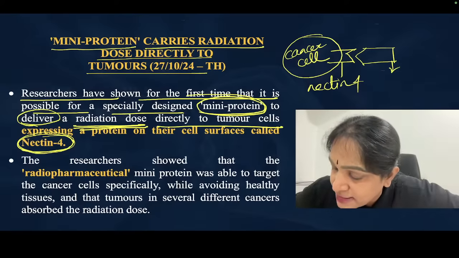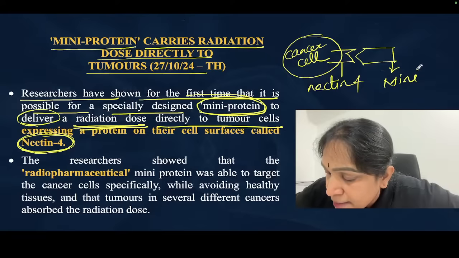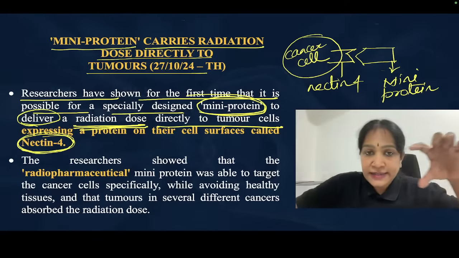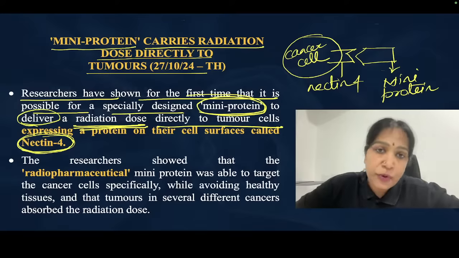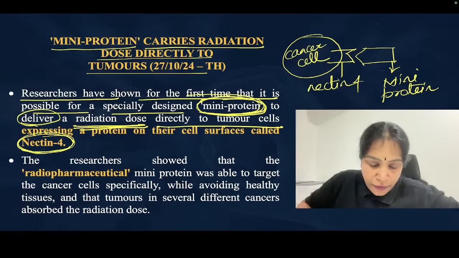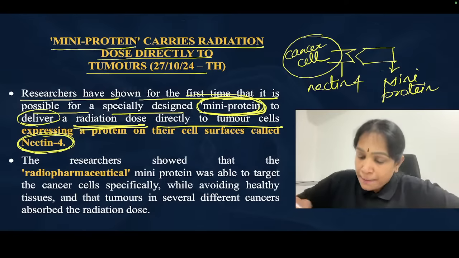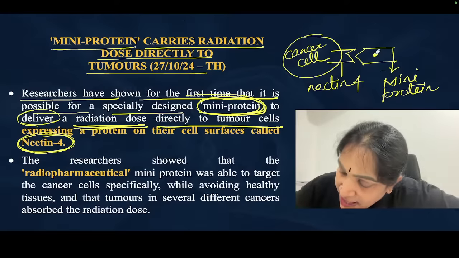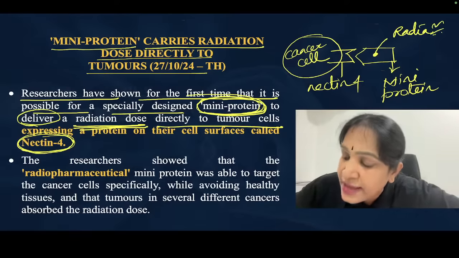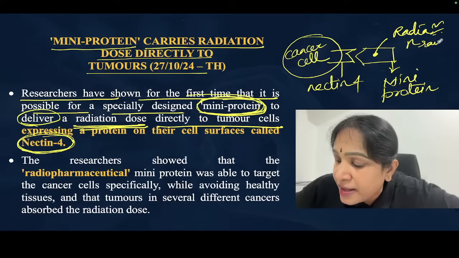Then what is this? This is a mini protein, not nectin-4. That is called mini protein. Is it clear? We are calling this as mini protein. And this is nectin-4. Okay? Mini protein is carrying a radiation, I mean some gamma rays.